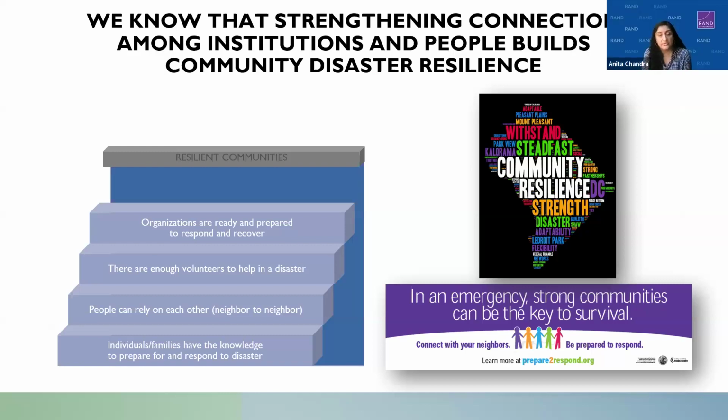Yeah, I'm happy to. So there's a couple areas that I and others work in quite a bit at RAND. One is in the area of community disaster resilience, and the other is civic well-being. I'll talk about community disaster resilience first.